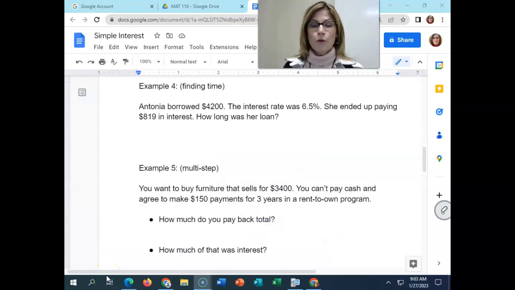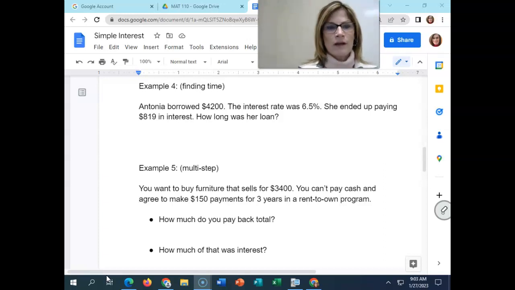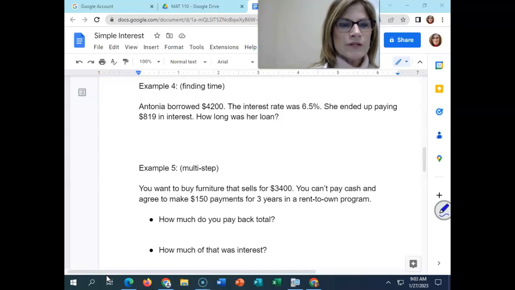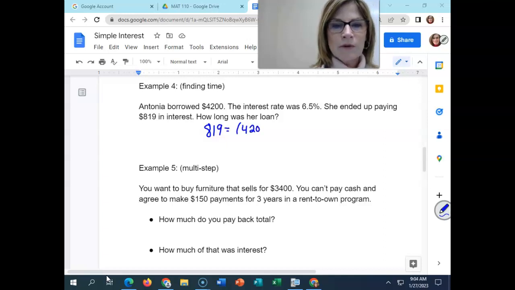Okay. So in example 4, we know our principal, we know the interest, we know the interest rate. We don't know how long the loan was taken out for. So we will plug that in. I equals PRT. I equals principal times your rate as a decimal times time.